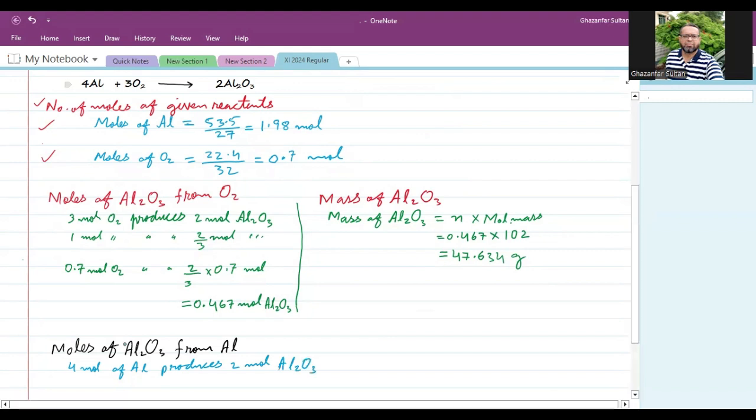You can see from the balanced chemical equation. So for 1 mole of aluminum, it would be 2 upon 4 mole aluminum oxide.